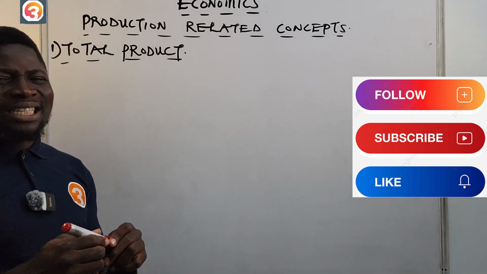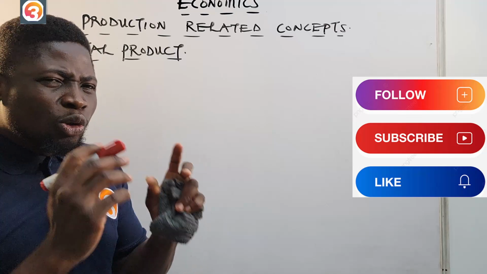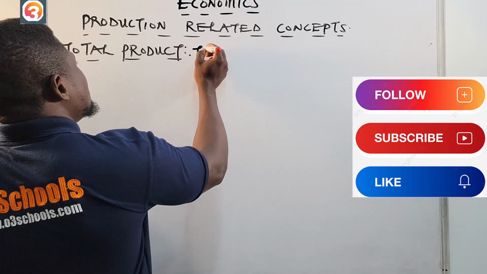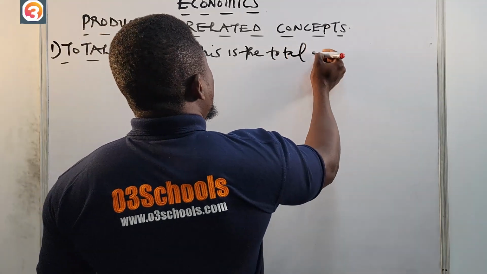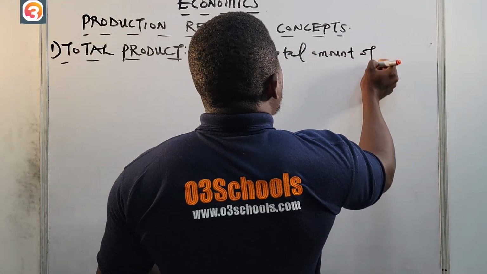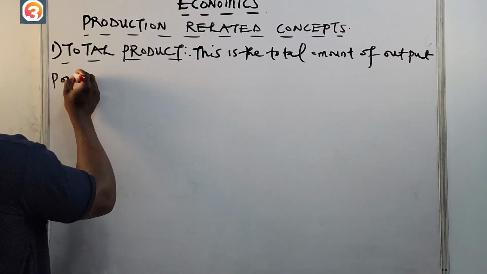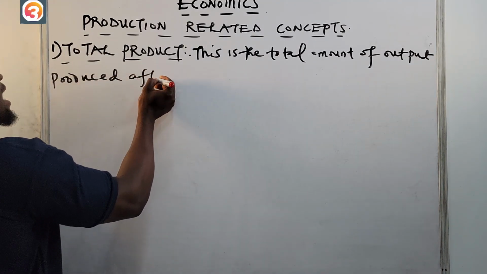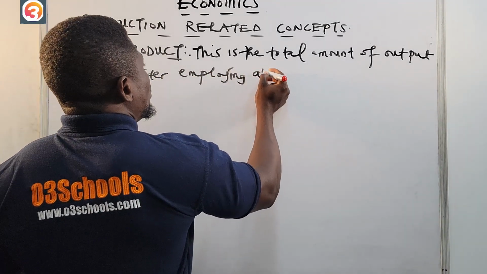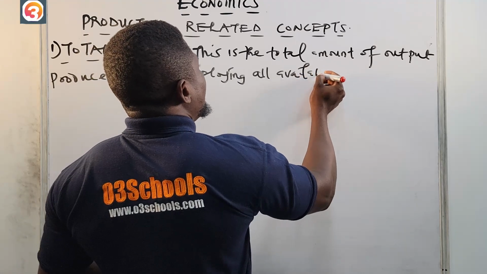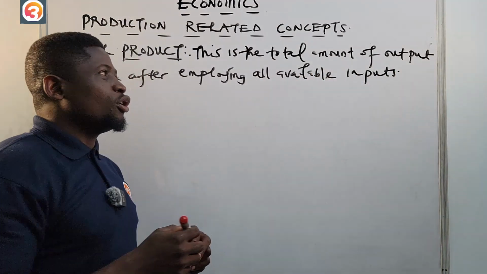We'll say that total product is the total amount of output produced after employing all available inputs.